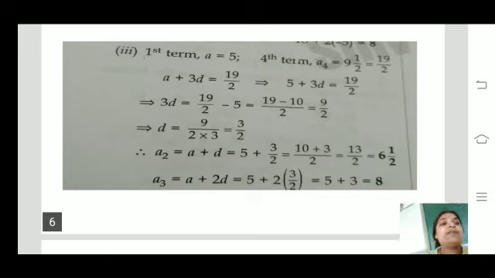Hence after simplification, d will be 9 by 2 divided by 3, that is 3 by 2. Now once we know the values of A and d, we can easily calculate any term of the AP. See, the second term A2 will be calculated as A plus (n minus 1)d. Now the value of n will be 2.